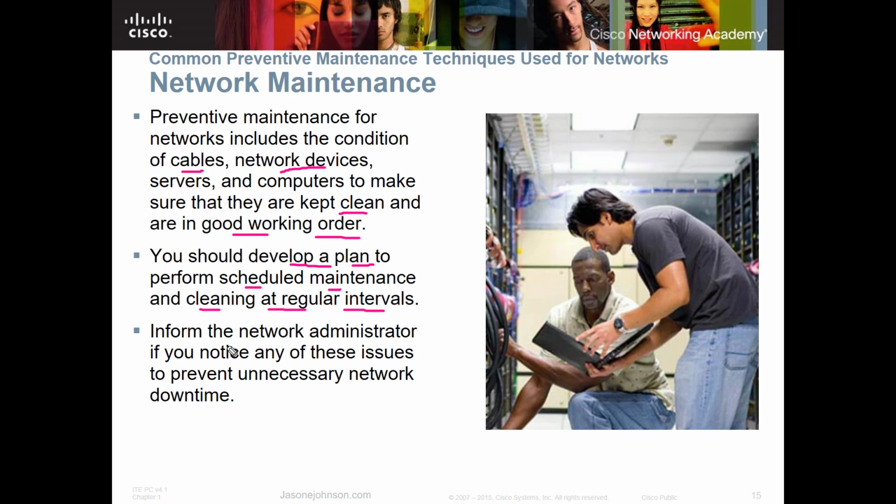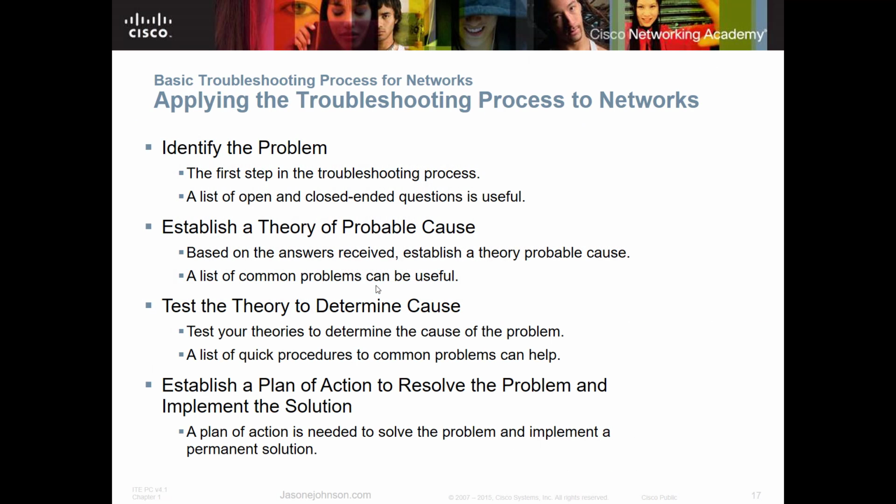And then you also want to inform the network administrator if you notice any of those issues, to prevent unnecessary network downtime. So if a cable is running across somewhere, sticking out, getting footwear traffic across it, or something's rubbing against it, and it's going to have problems, then you want to notify your network administrator.